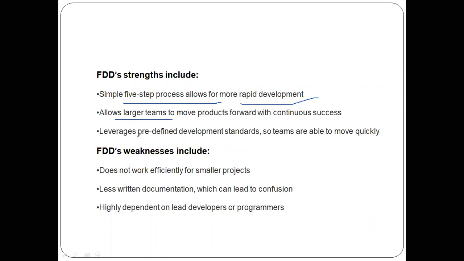And coming to the third one, there are predefined development standards. Why? Because of some predefined things based on that particular diagram already. At the second phase itself, we collect all the features. Based on the necessity of those features, we may increase the number of team members.